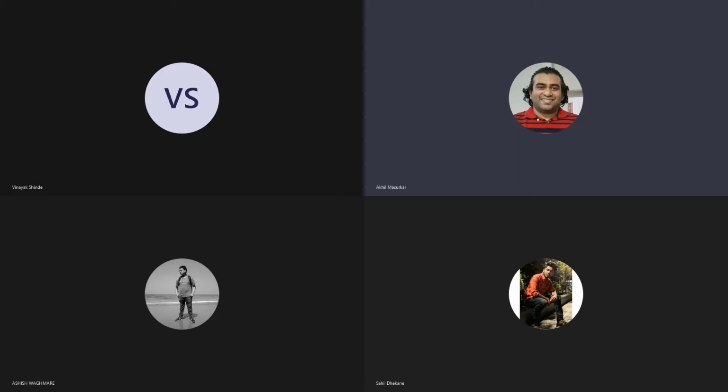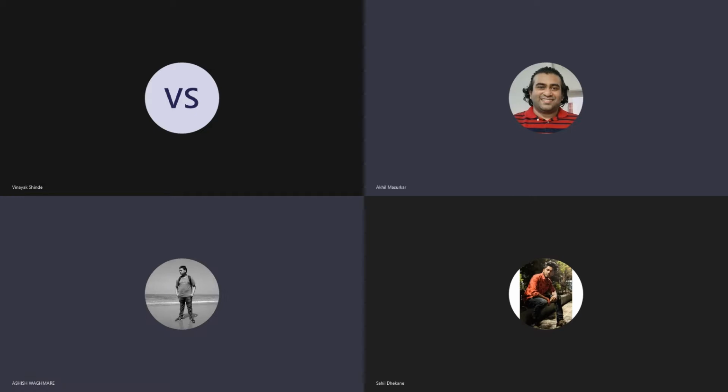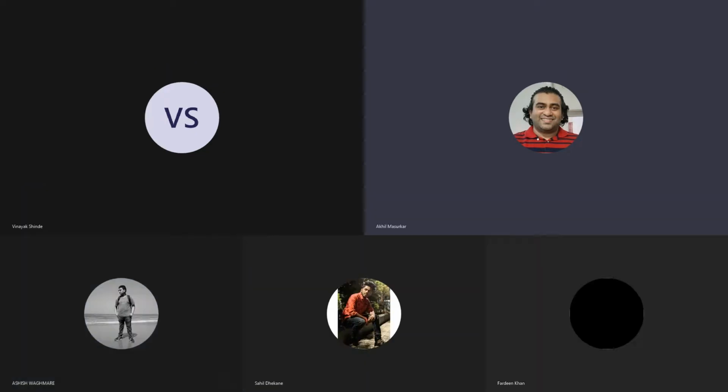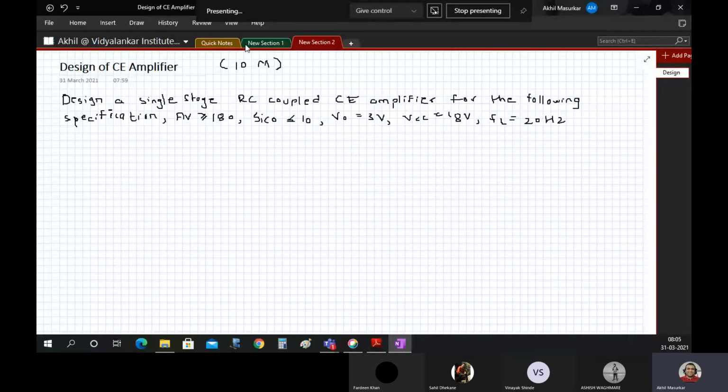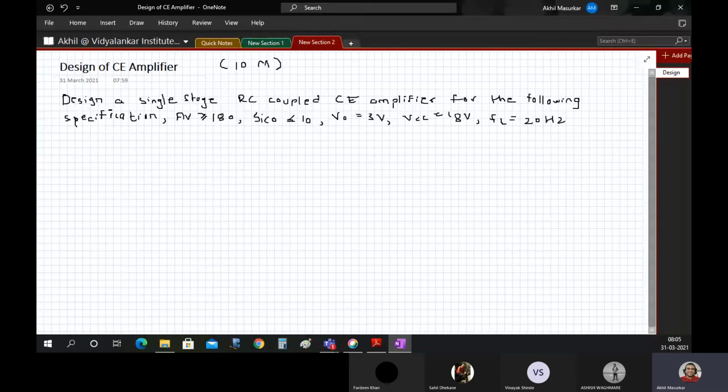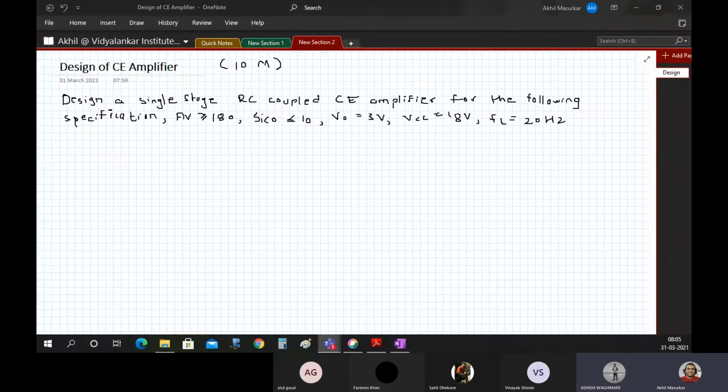The lower cutoff frequency should be equal to 20 hertz. Sir, the screen is not visible. Yes. So I hope now it's visible. Yes, sir. So these are the specs that we want.